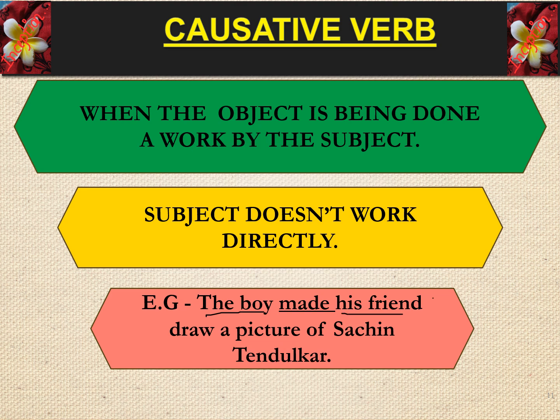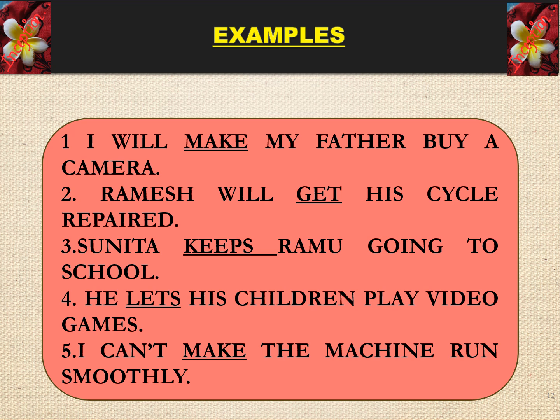This one is the object of the sentence, but the subject is making him do this work, right? Then made, this verb is a causative verb, because causative verb shows that subject is not doing anything directly, right? We'll see more examples, then it will be more clear.